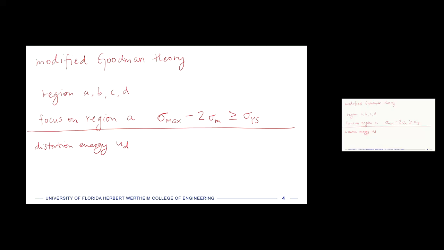So we need to describe the maximum, the mean, and the minimum of this metric that we're using, this distortion energy. So we're going to say that the maximum distortion energy is equal to, and we had an expression, and instead of the principal stresses, we're going to put in whatever the maximum of that principal stress is. And not the maximum magnitude necessarily, but the maximum in time. Okay, so I'll write that out here.